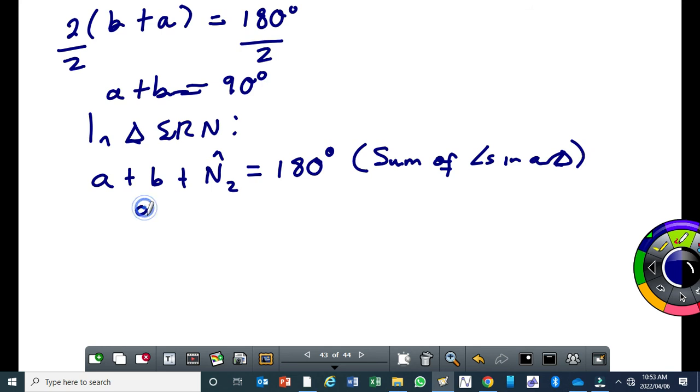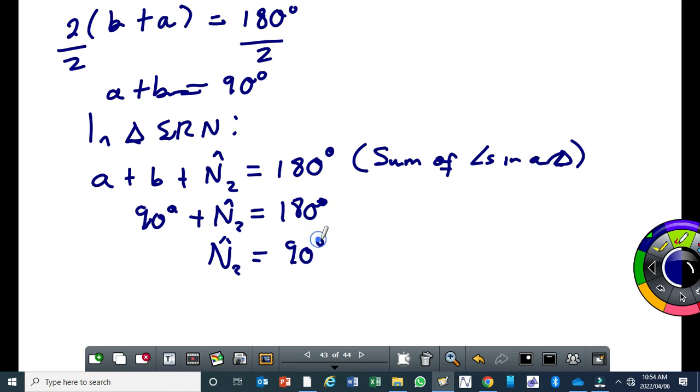So I can replace A plus B by 90 degrees, which means my N2 is going to be equal to 90 degrees. You're following that? I don't need to stress myself trying to find all the angles and proving that they're equal to 90 degrees. As long as I prove that one is 90 and the quadrilateral is a parallelogram, I'm done.